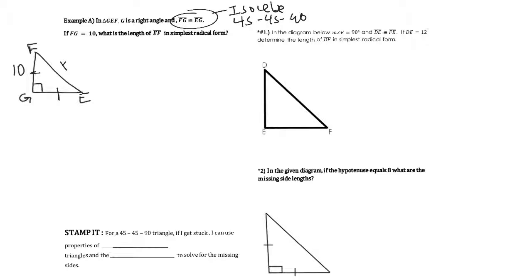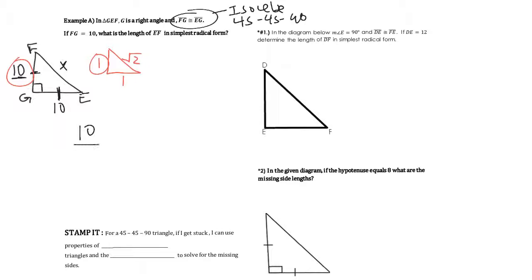So EF is here. Well, if I know this side is 10 and it's equal to this side, it's also 10. Now the easiest way to do these, you could use the Pythagorean theorem, or you could think about the rule triangle that we just figured out. It was 1, 1, radical 2. And now we just want to make a proportion. 10 matches up with 1.